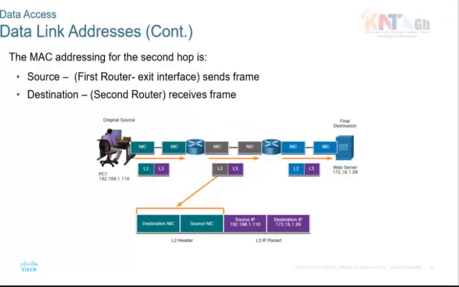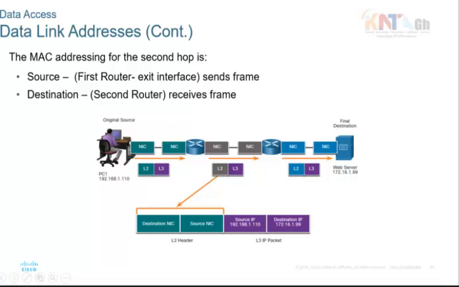Now the MAC addressing for the second hop: the source is the first router's exit interface, which sends the frame. So this router exit interface will also send a frame, and then the destination router will also receive the frame.